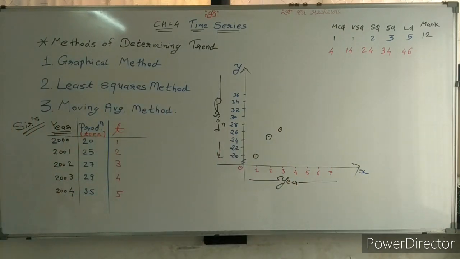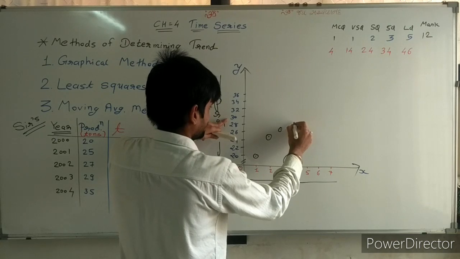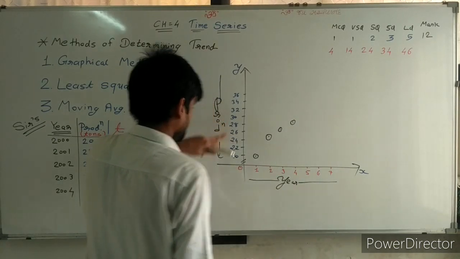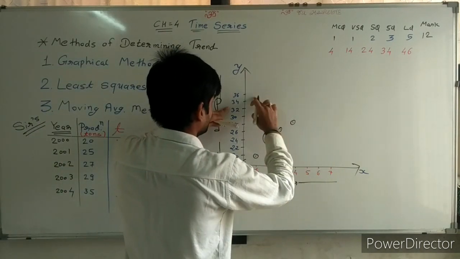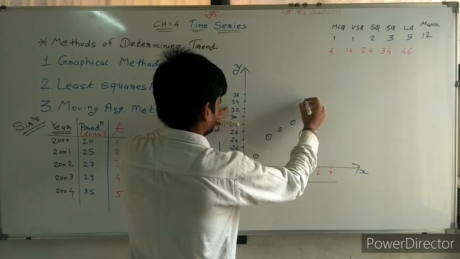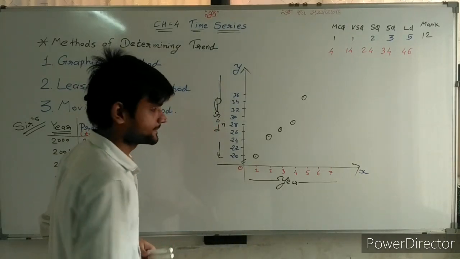Fourth year 29. Fifth year 35, so fifth year 35. Now join these points.